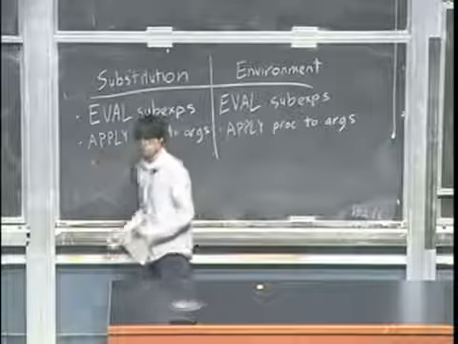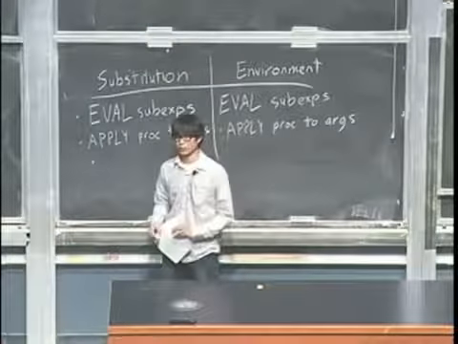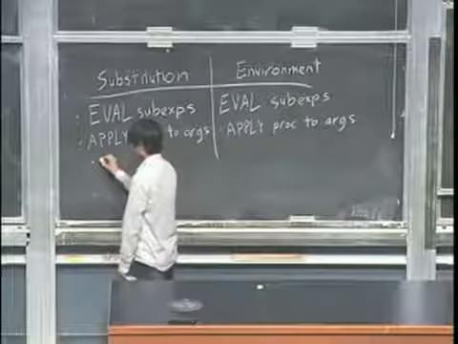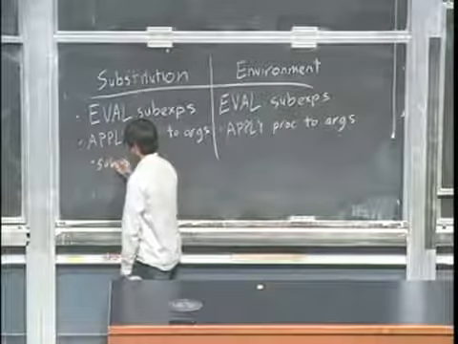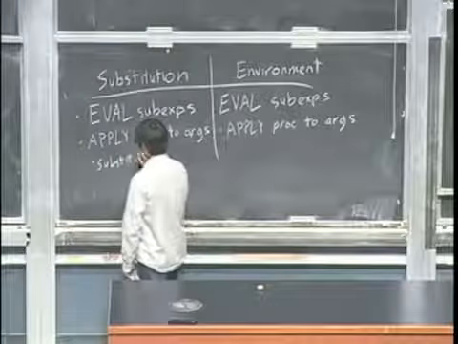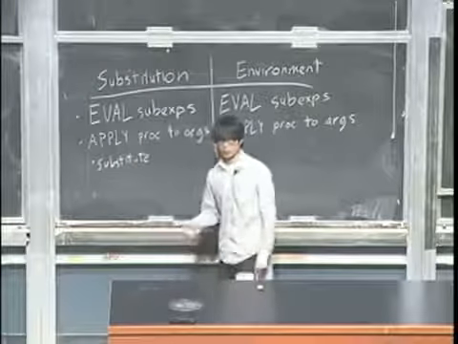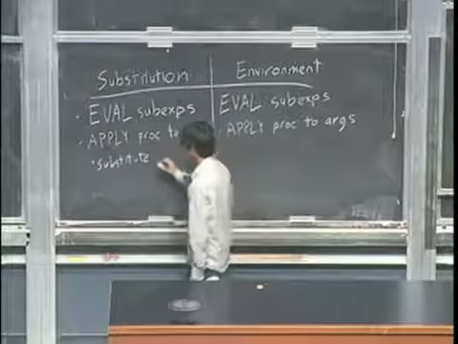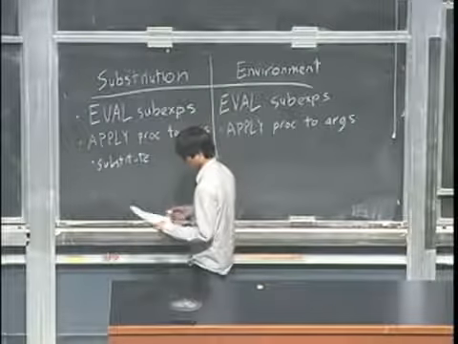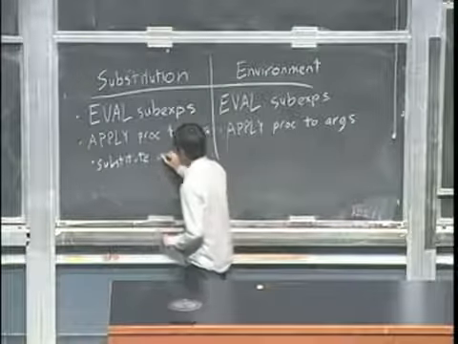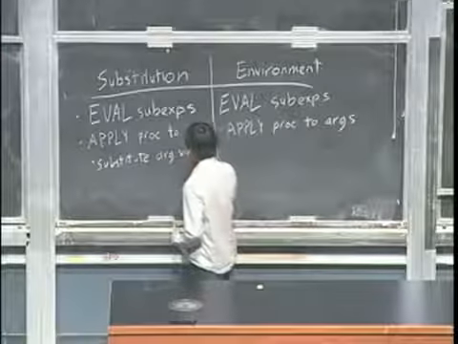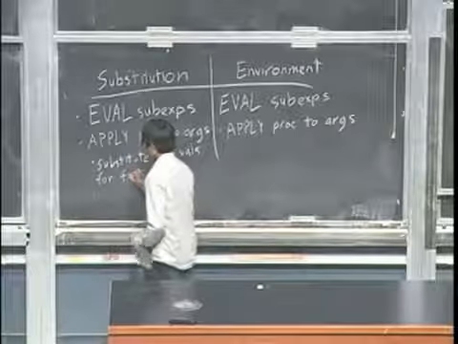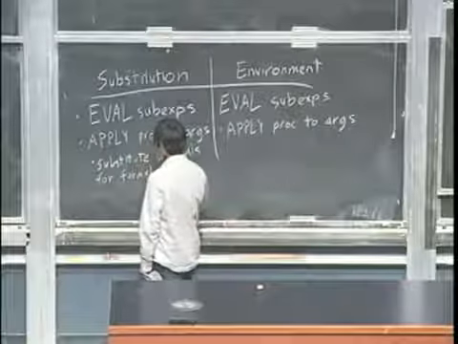The way the substitution model applies a function to an argument is we call that kind of nasty function called substitute, where we substitute all formal parameters with their given values. So substitute arg values for the formal params.